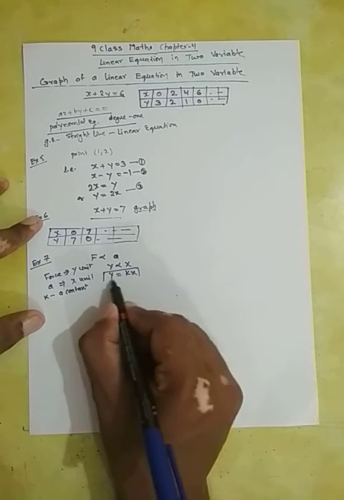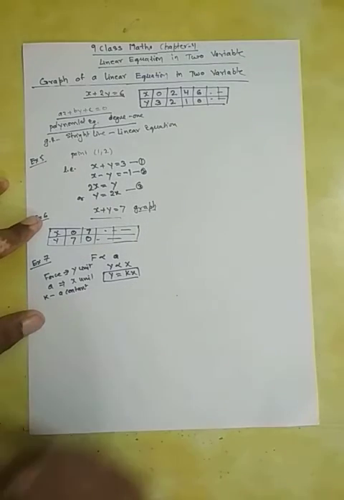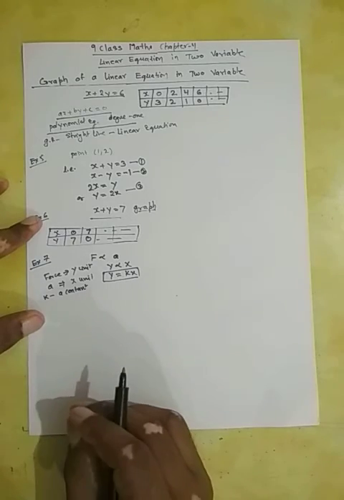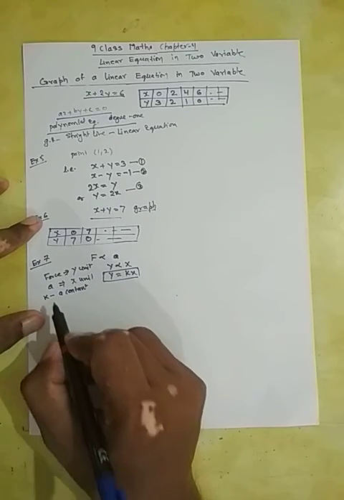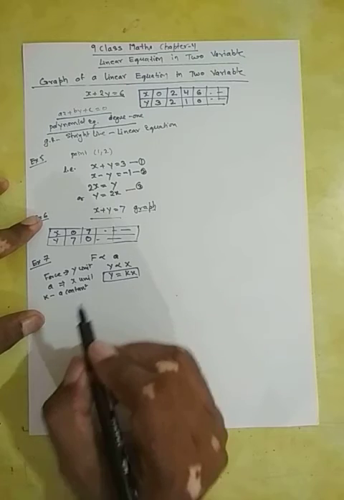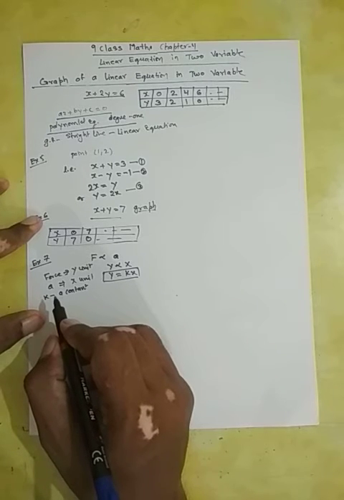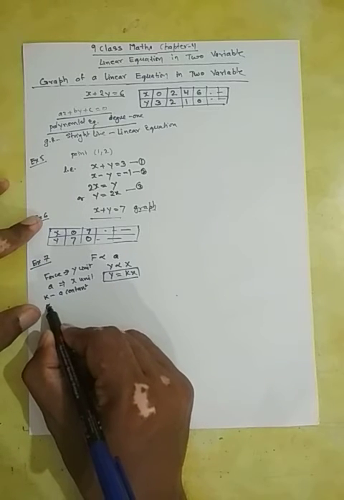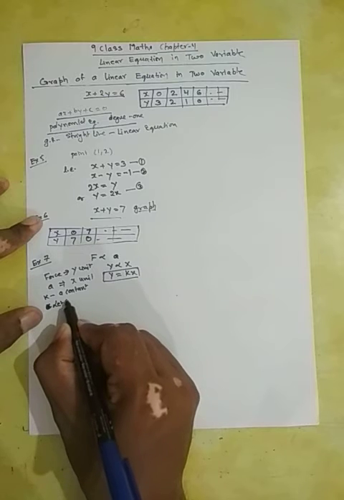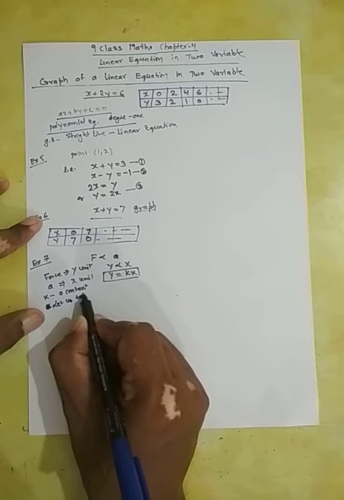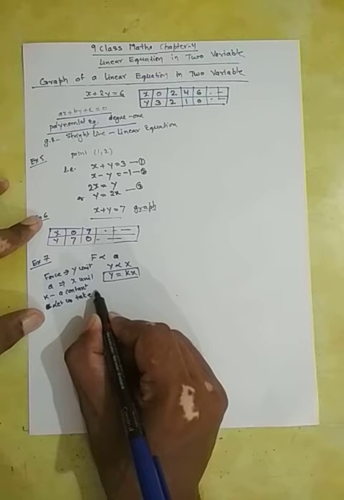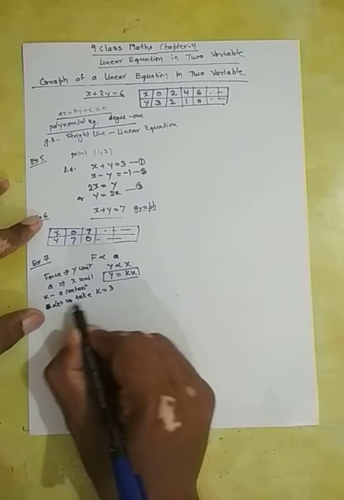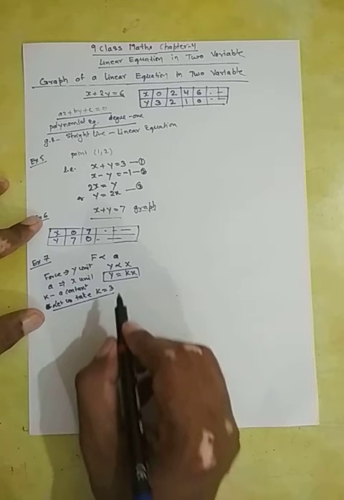This equation we find according to example 7. Now we do not know the value of k, so we assume that the value of k is, let us take k equal to 3.